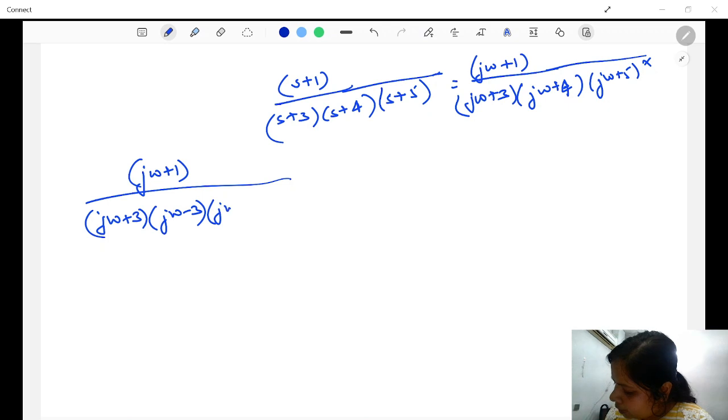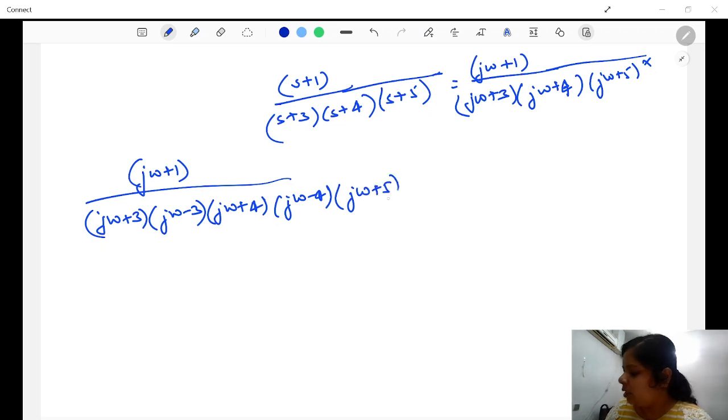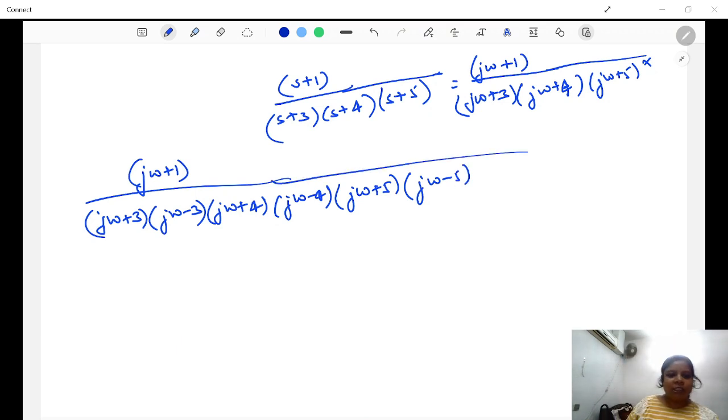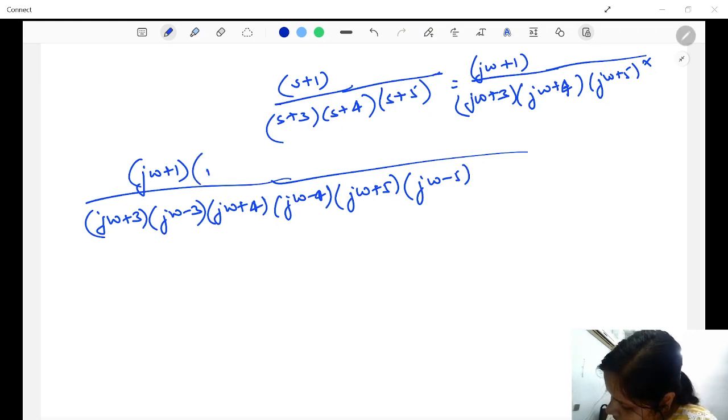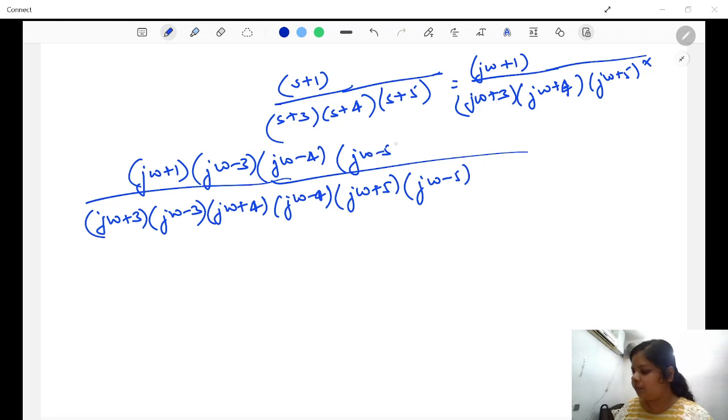Then you write j omega plus 4 into j omega minus 4, j omega plus 5 into j omega minus 5. Since you are multiplying with all these terms in the denominator, do multiply in the numerator as well. All right. J omega minus 3, j omega minus 4, j omega minus 5.